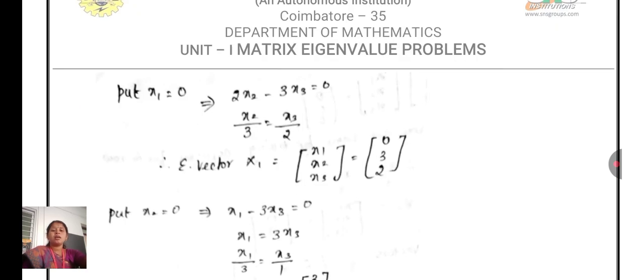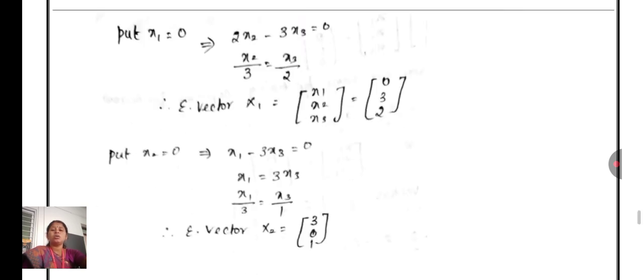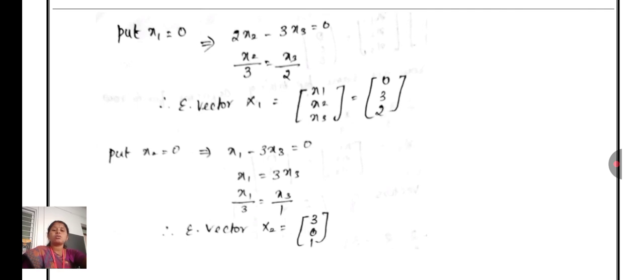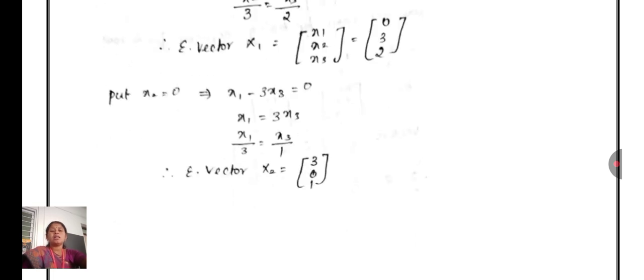Here we go for the assumption method. Put x1 equal to 0 so that we get 2x2 equal to -3x3. By finding the cofactor and cross multiplying, we get the eigenvector as 0, 3 and 2. When we put x2 as 0, we get x1 and x3, which act as the second eigenvector, 3, 0, 1.